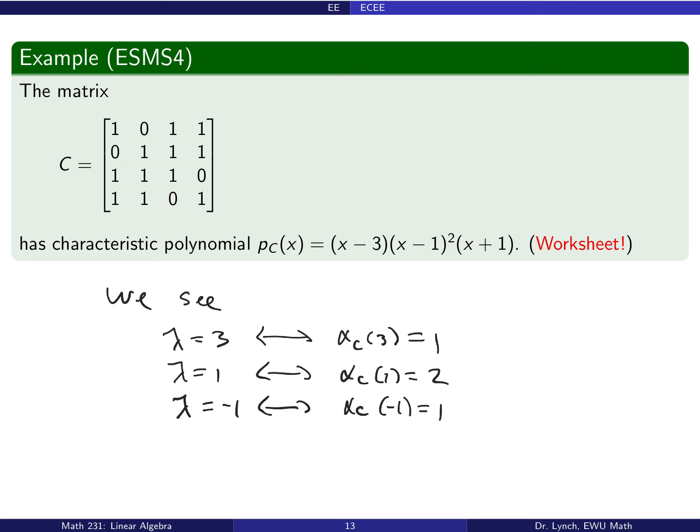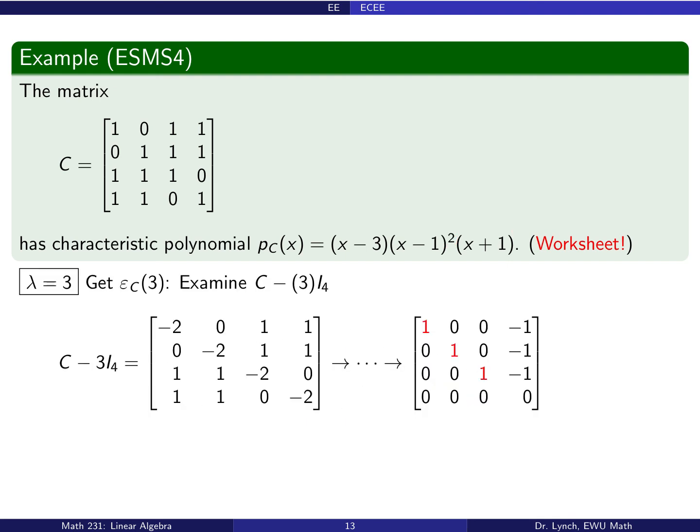Again, those algebraic multiplicities correspond to the powers on the factors of the characteristic polynomial. On the other hand, when you go to have a look at the geometric multiplicities, we can see that the dimension of the eigenspace here is 1.